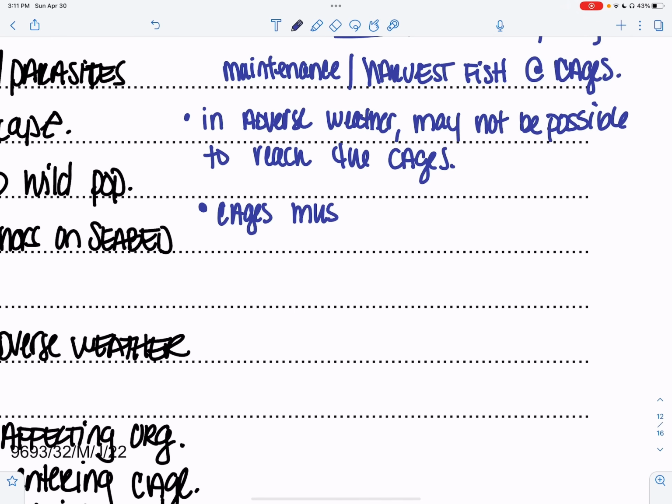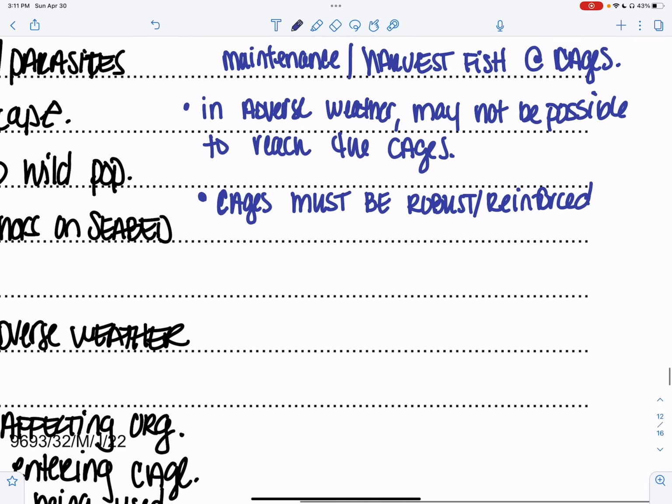The cages must be robust or reinforced to combat adverse weather.